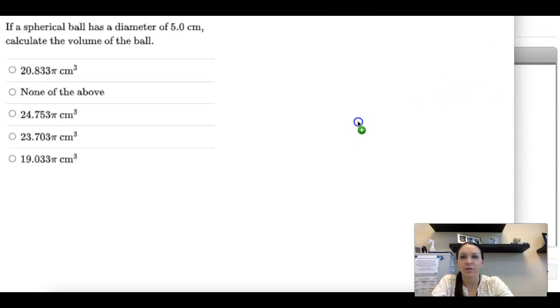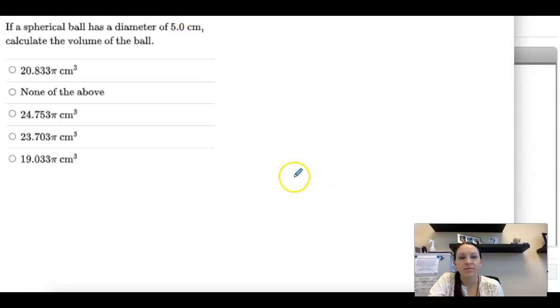So a spherical balloon has a volume of 36,000 pi inches cubed. Calculate the surface area. So this time we're given the volume. So I need to use the volume formula, and I know what V is. So V equals 4/3 times pi times R cubed.